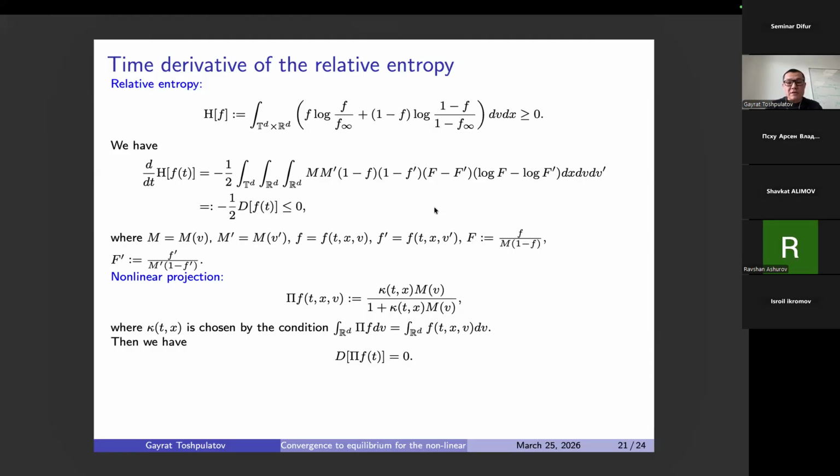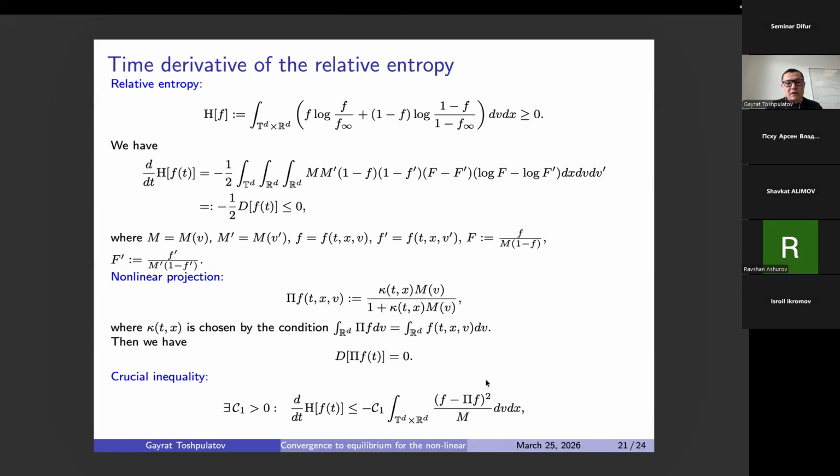And an observation is that this D, which is equal to this integral, vanishes for such functions. So this makes the right-hand side of the time derivative of h zero. And using this fact, we proved this inequality.